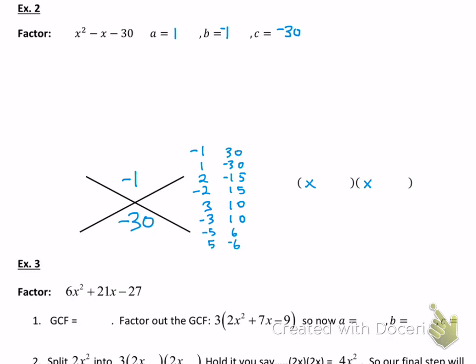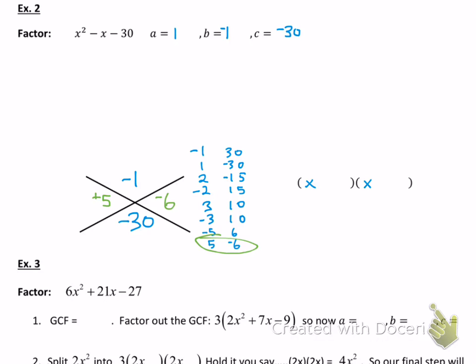So I'm going to give you 5 seconds to look for which of these pairs gives you a sum of negative 1. If you said 5 and negative 6, that's good. So positive 5 and a negative 6 fits this situation. A product of negative 30 and a sum of negative 1.